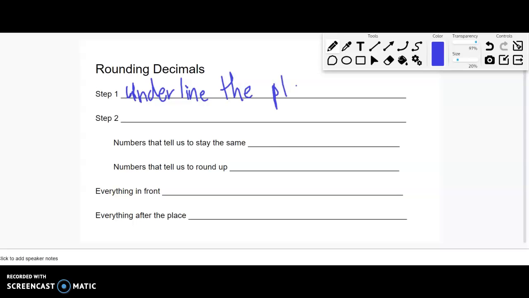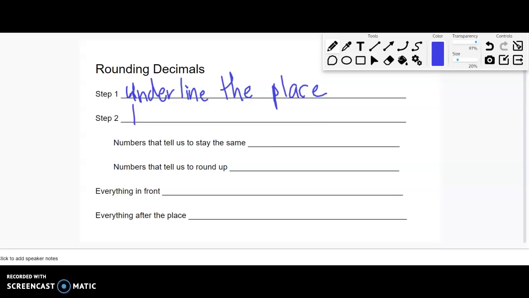What does it say? Underline the place, meaning the place that you are rounding to. So if it says you're rounding to the tenths place, focus on that tenths place. If you're rounding to the nearest hundredth, underline the hundredth. Rounding to the nearest whole number, you're going to look at the ones place. And I'll do some examples with that.